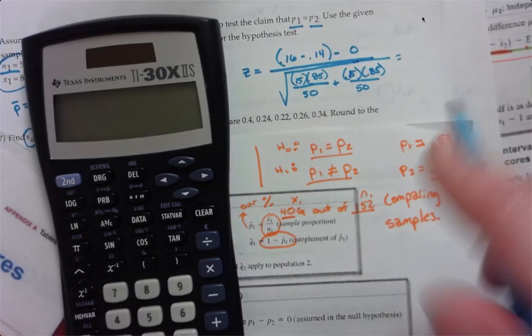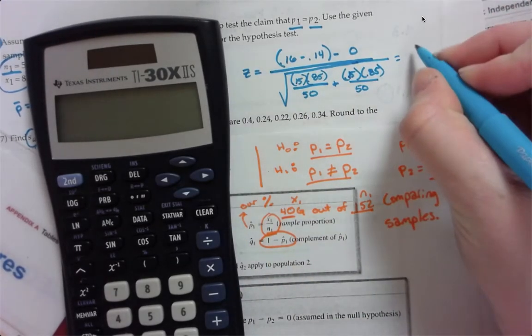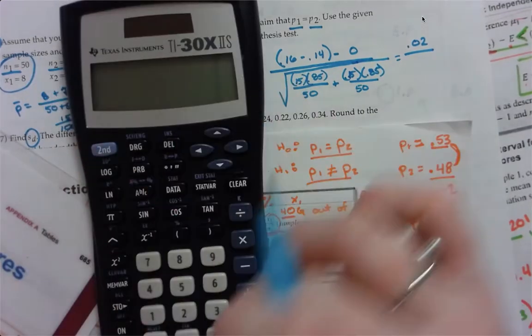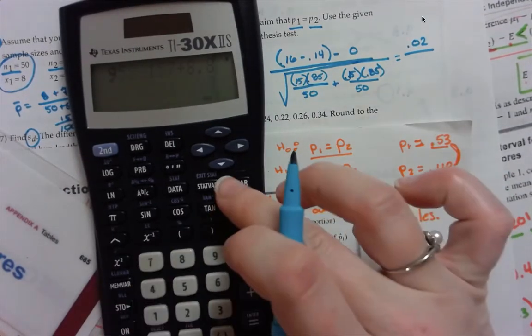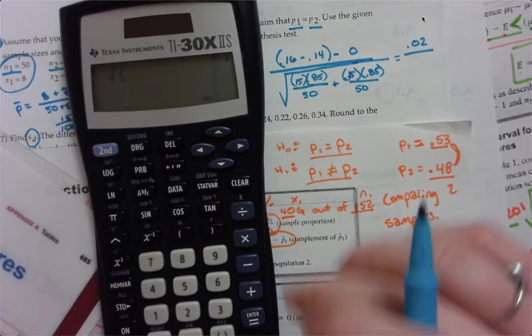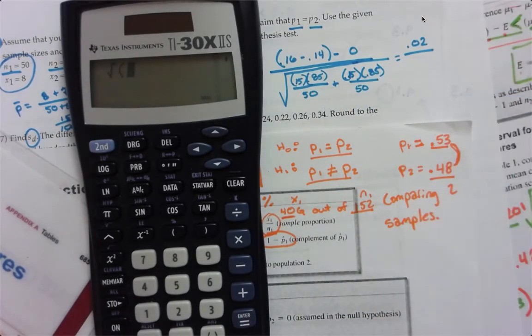Let's see where I want to start. In the top, 0.16 minus 0.14 is 0.02, I know that for sure. So the bottom, let's do this one, the second square root. I should be able to do all of this without having to open up any parentheses because the order of operations is going to do it for me already.